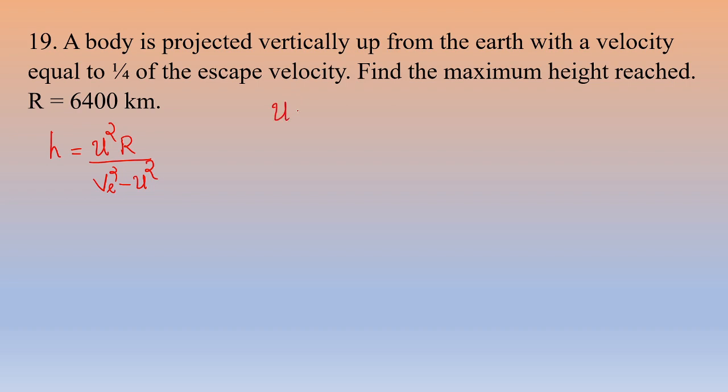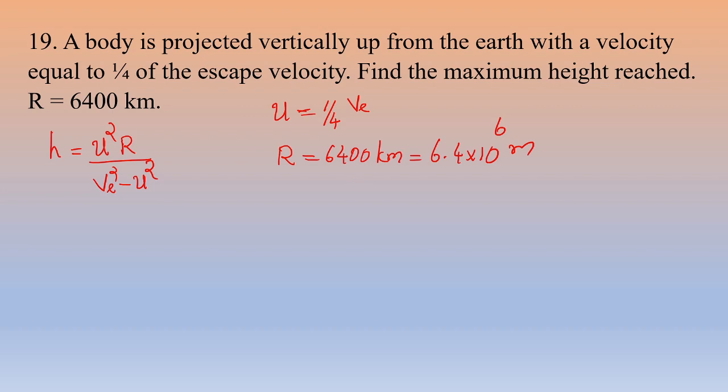Here, u is the initial velocity with which the body is projected from the surface of the earth. That is equal to 1/4 of the escape velocity, that is 1/4 of v. And the radius is given, 6,400 kilometer, that is equal to 6.4 into 10 raised to 6 meter.